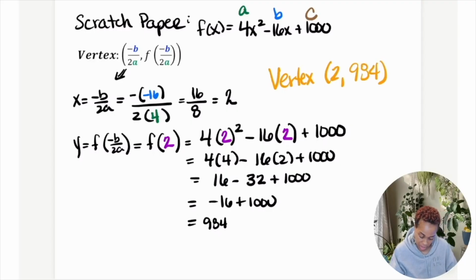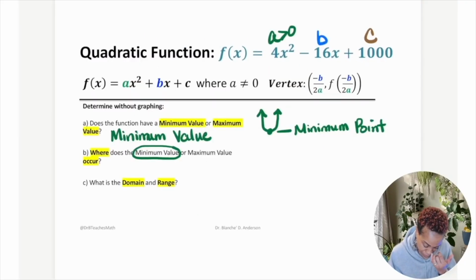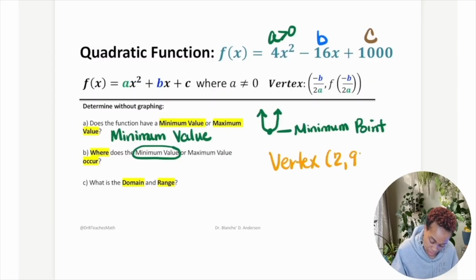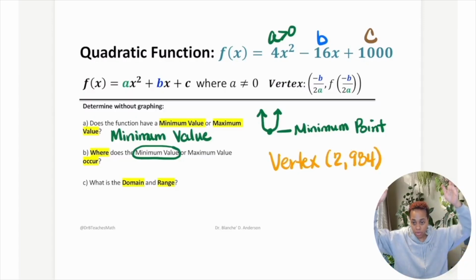So let's come back here. So I'm going to put our vertex is 2, 984. So the graph opens upward, so it's going to go up and keep going. The domain, we know it's always negative infinity to infinity.